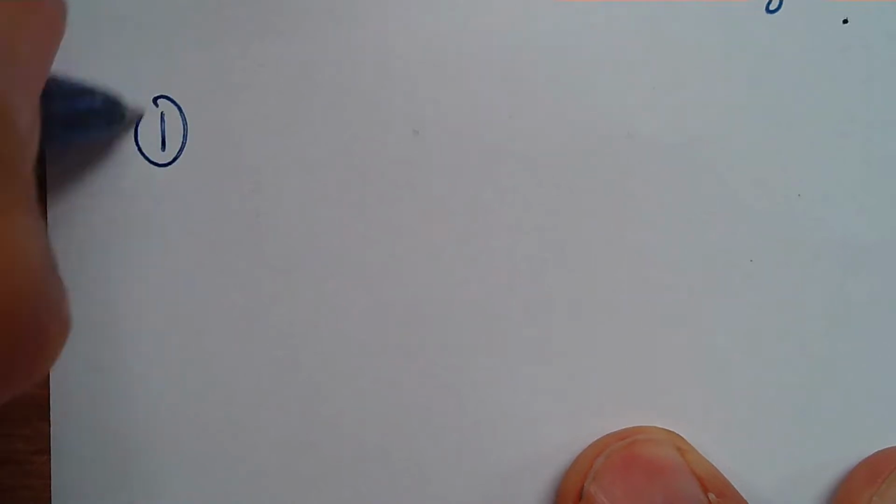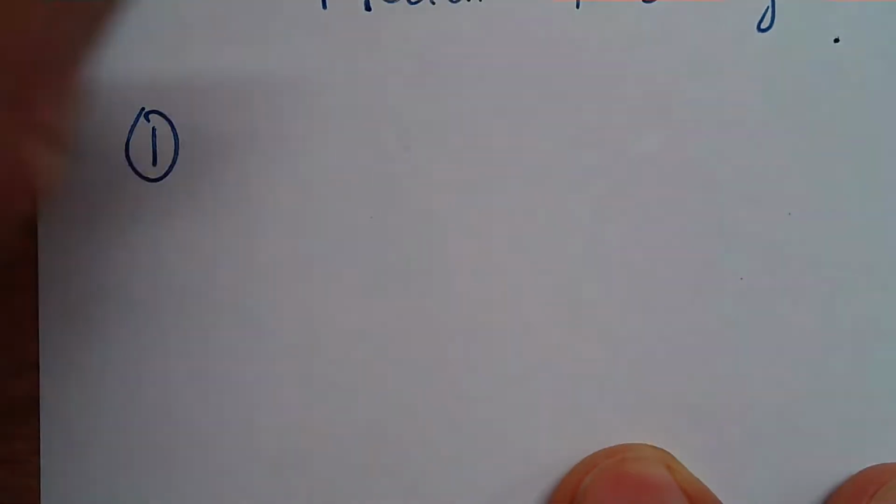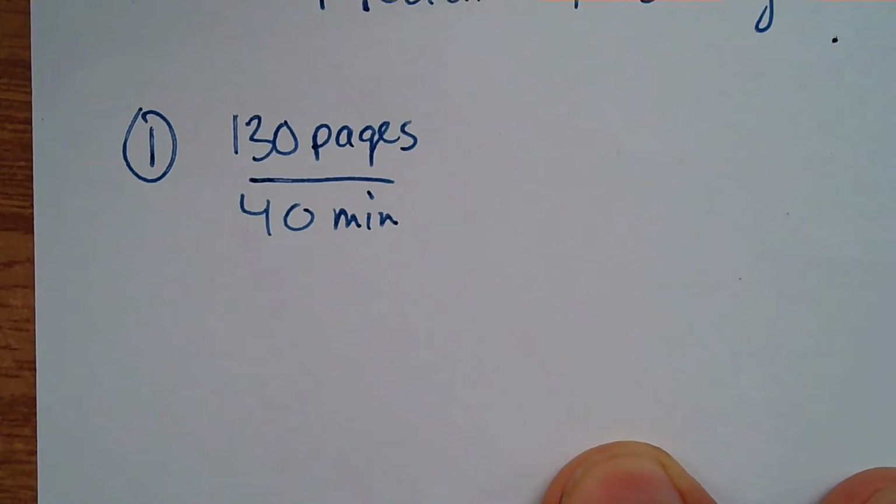So number one will be 130 pages per 40 minutes. So let's find how many in 1 minute. Let's divide it by 40 to find the unit rate.